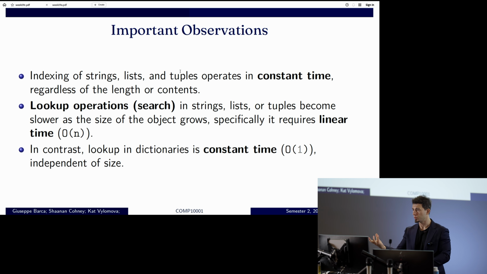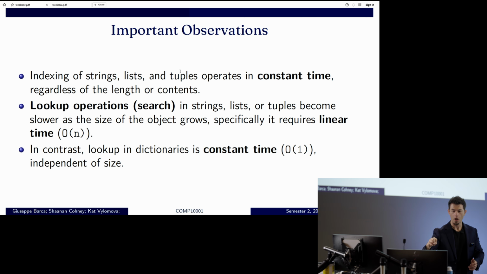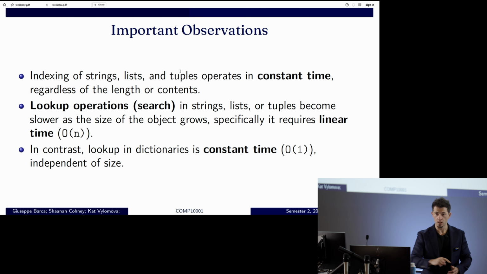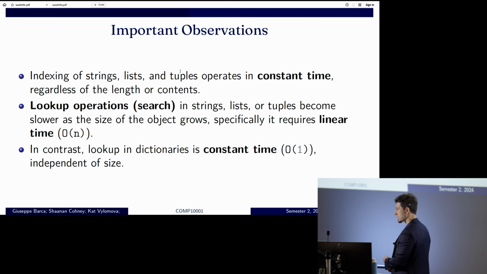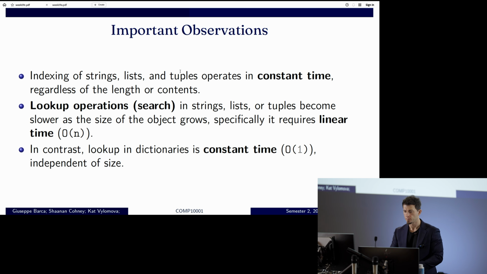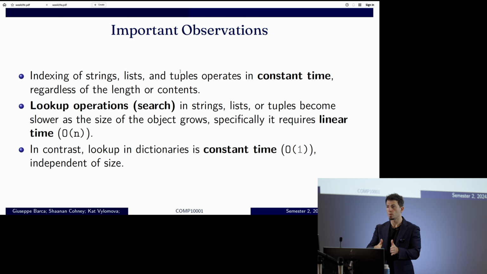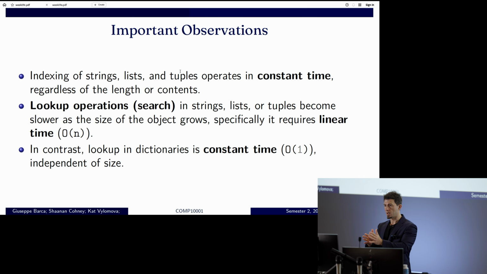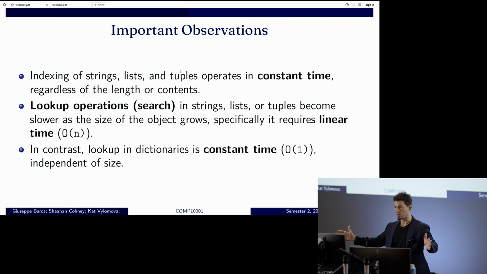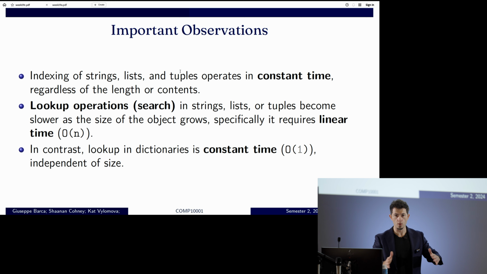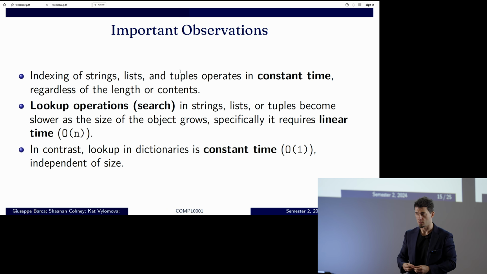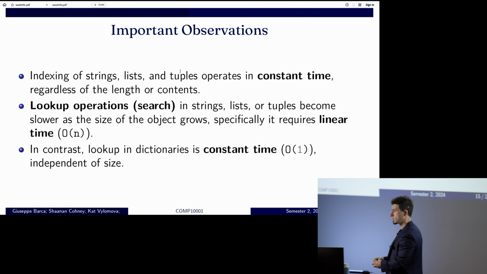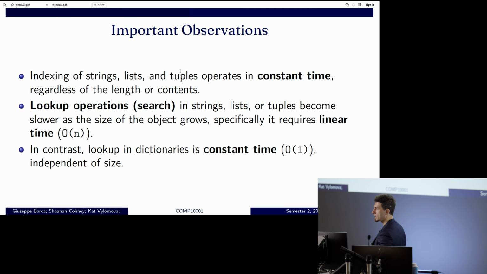And that has to do with the internal structure of those objects. Instead, if I do lookups with strings, lists, or tuples, that becomes slower and slower as my object is growing. So if my list gets longer and longer, it's going to take longer and longer to look up a specific element in that iterable.